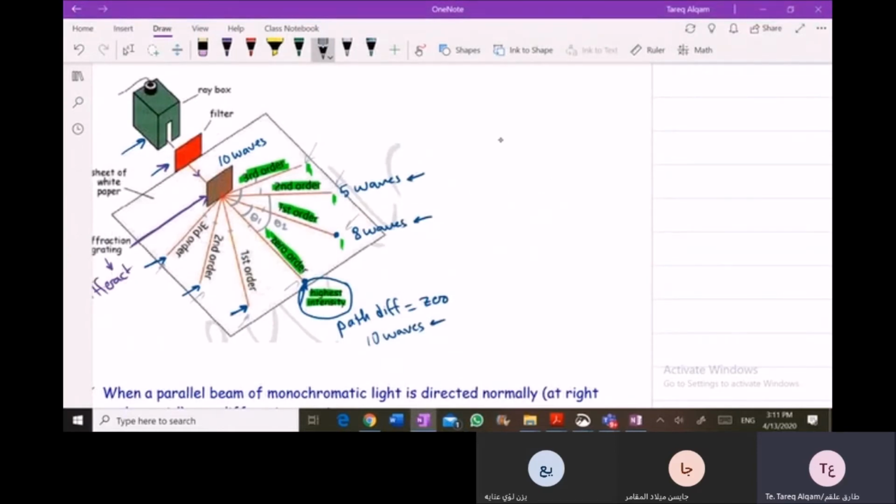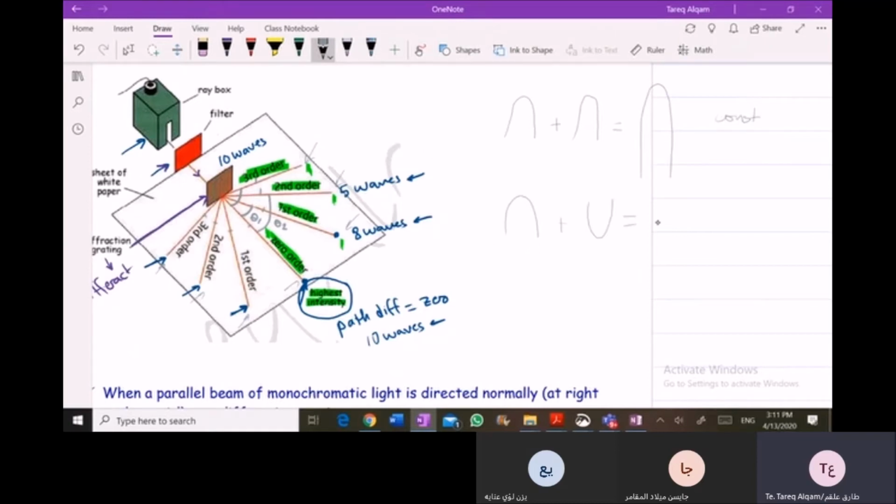Constructive interference means that the crest of the first wave meets the crest of the second wave, resulting in a larger amplitude wave. So this is why it's called maxima. Destructive interference, a crest meets a trough.